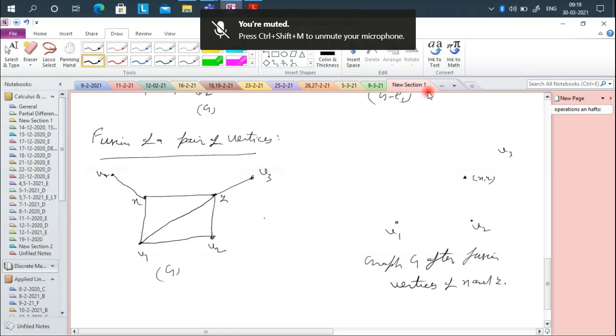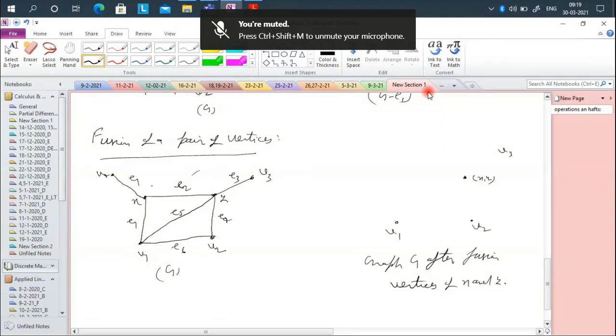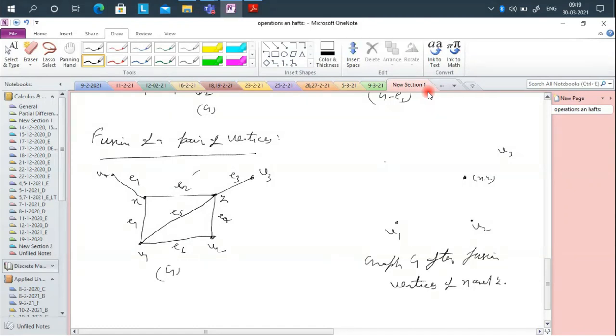Now we get the names of the edges also: E2, E5, E7, E4, E6, and this is your E3 and this is your E1. So V4 is there, right? Clear? Here we have this edge, E3. E6, yes.